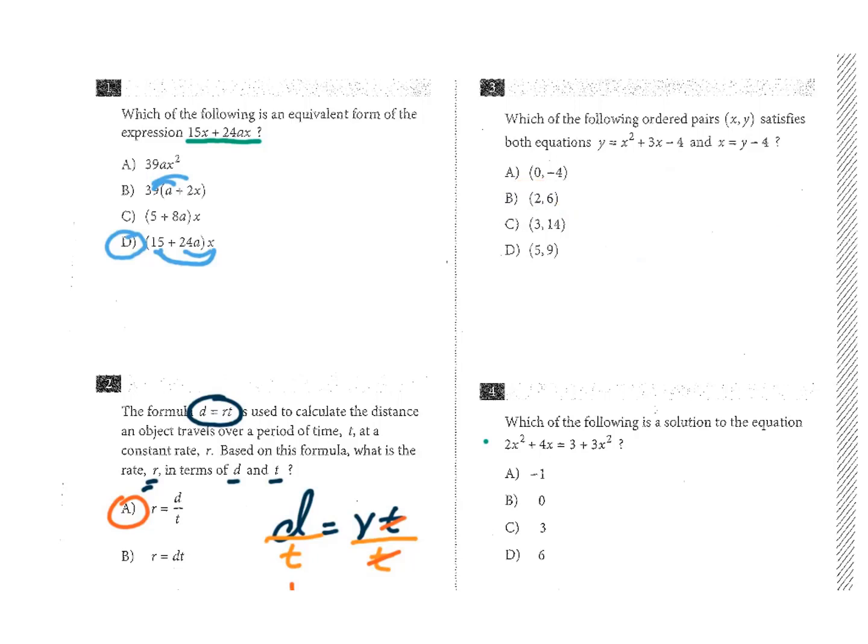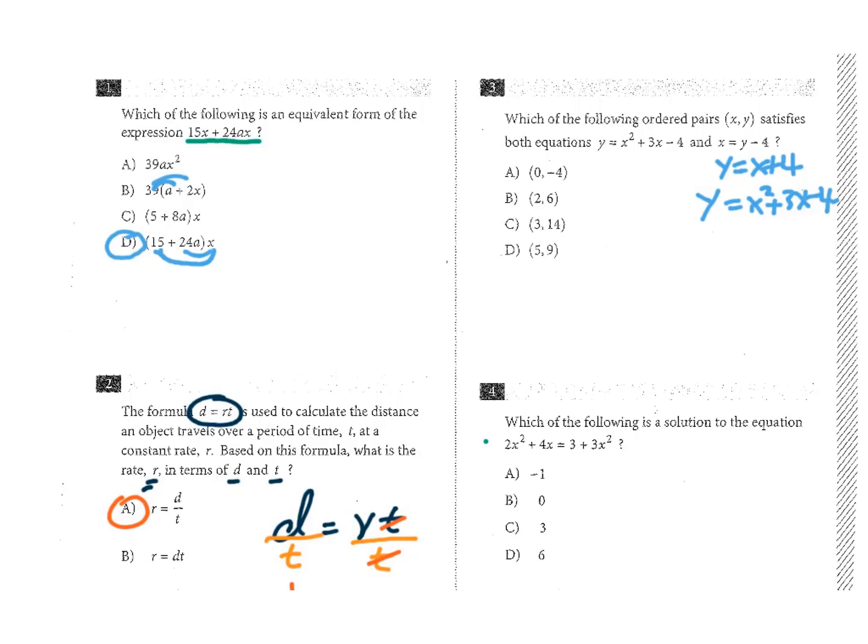But if you say, I want to figure this out, then you need to get y equals x plus 4. You change this one into y equals x plus 4. Then you have y equals x squared plus 3x minus 4.